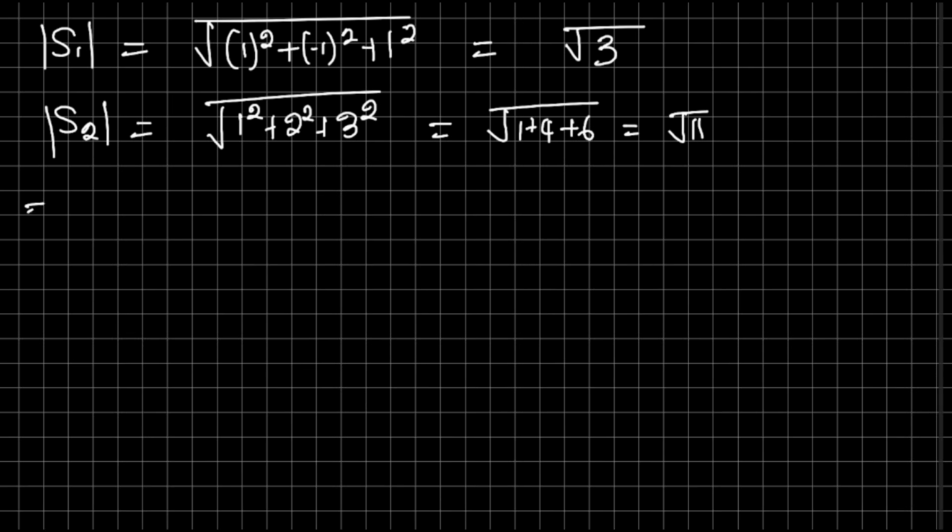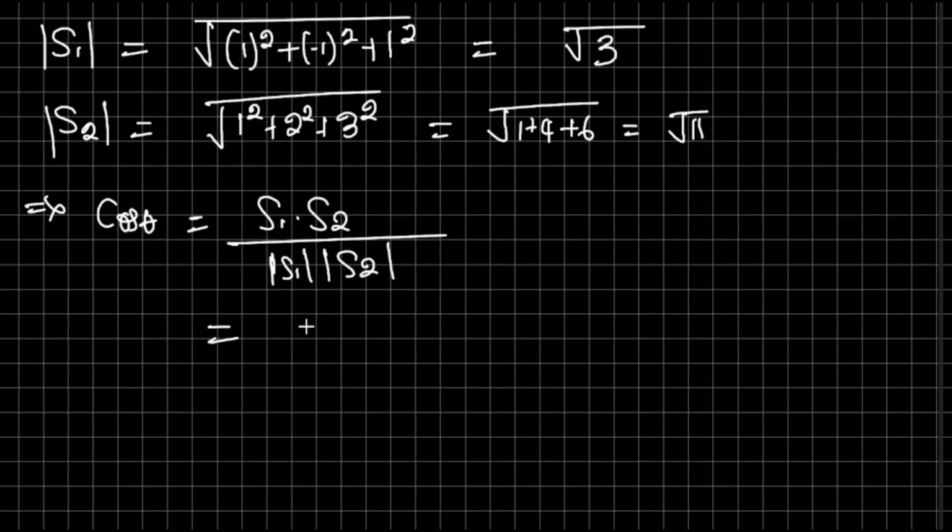We then have cos theta equals s1 dot s2 all over magnitude of s1 times magnitude of s2. s1 dot s2 was 2, all over root 3 multiplied by root 11. So cos theta equals 2 divided by the square root of 11.